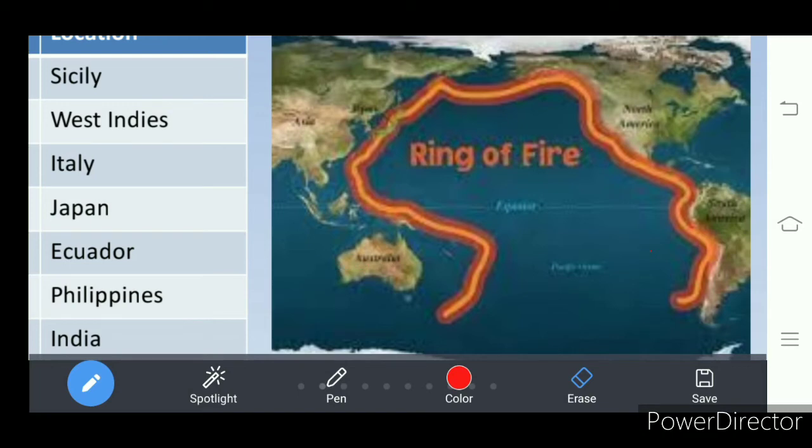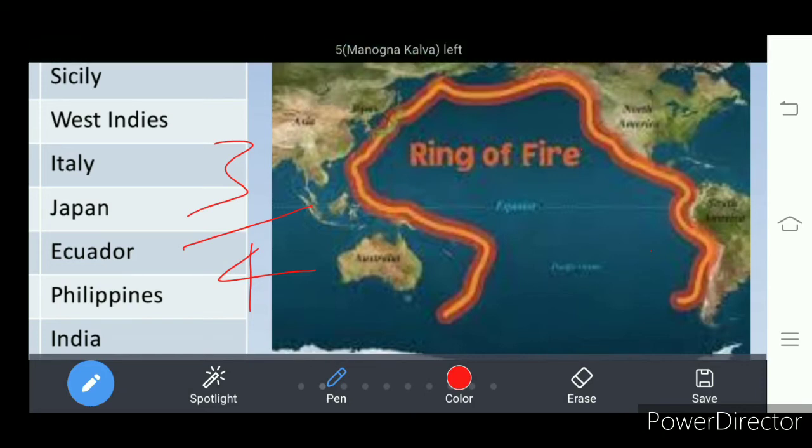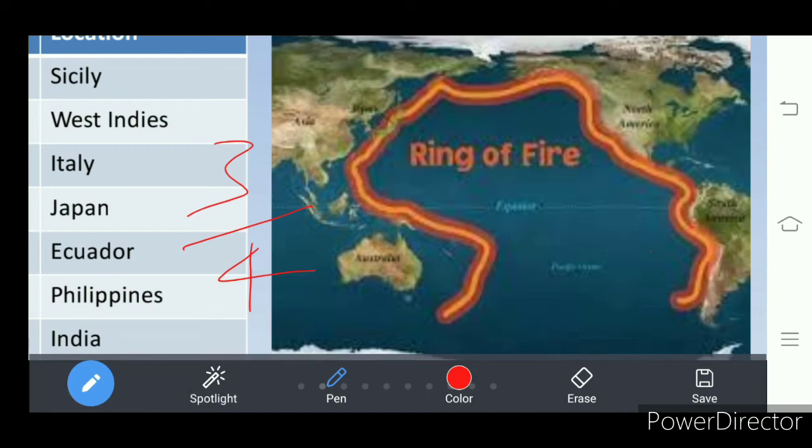Nearly 3/4 of volcanoes, that is active volcanoes, all the active volcanoes of the world we find in the Pacific Ocean. And 1/4 of the volcanoes are present in the rest of the world.